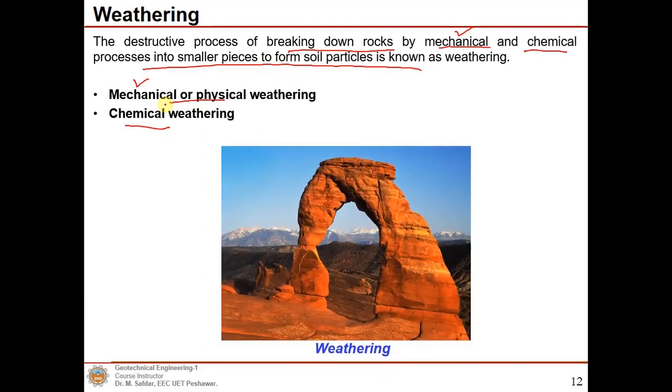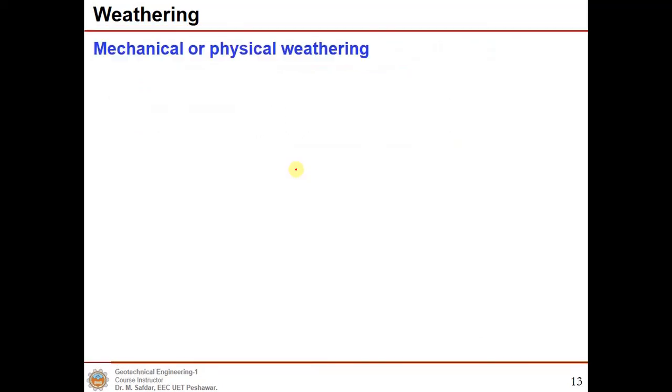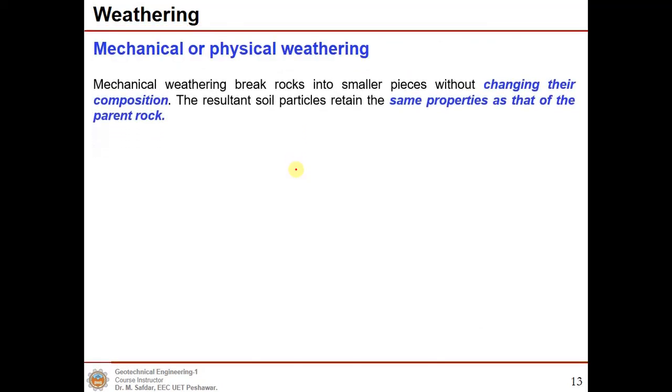So these types of stones, or structures, you will see occur due to the weathering of a particular rock. Mechanical or physical weathering: mechanical weathering breaks rocks into smaller pieces without changing their composition.